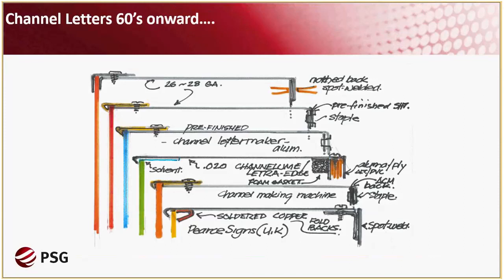Then channel loom and letterhead, the two companies that merged and became channel loom, used a product called Alumaply, which was a disaster because the edges were never properly siliconed and they would delaminate and cause all sorts of problems. Today, of course, we use inexpensive ACMs as the back, and we staple it, and it works extremely well with the trim caps.